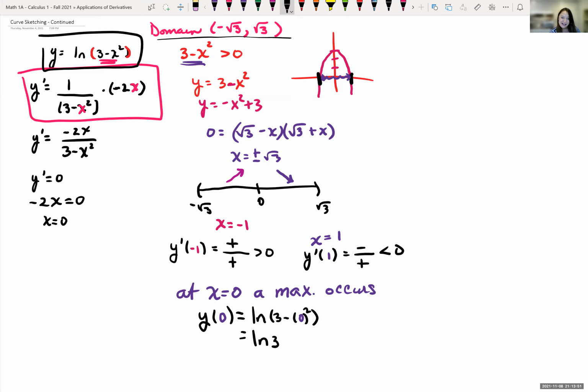So we have a point at 0, natural log of 3. But if I was going to graph that, I would need to know approximately what that was. So that is 1.1. This is a max.